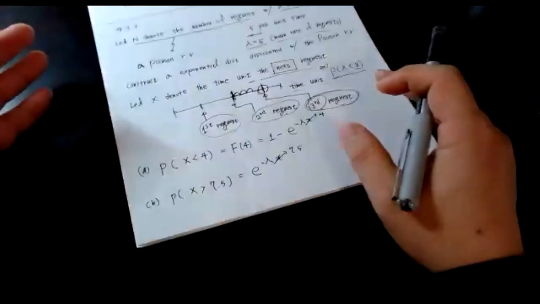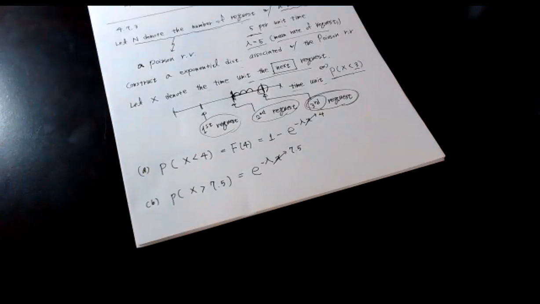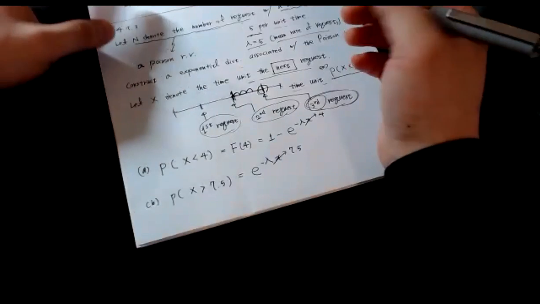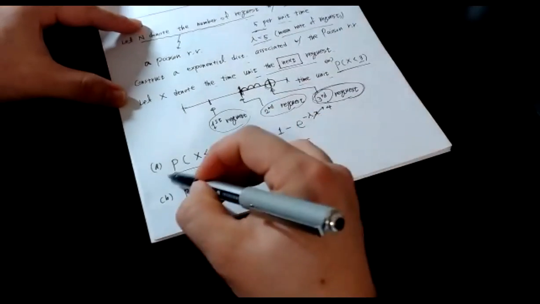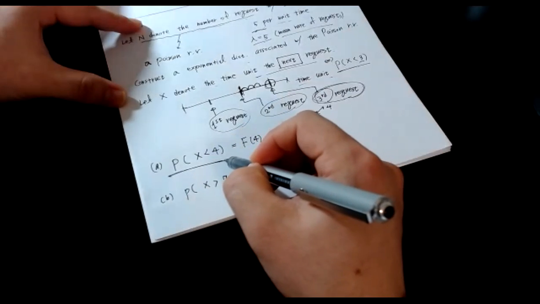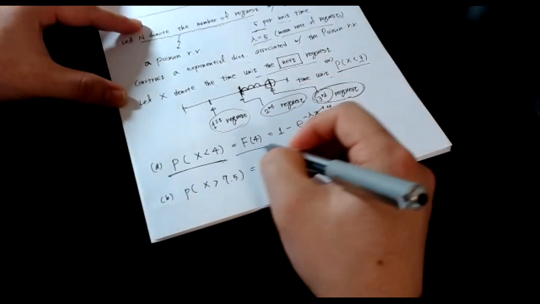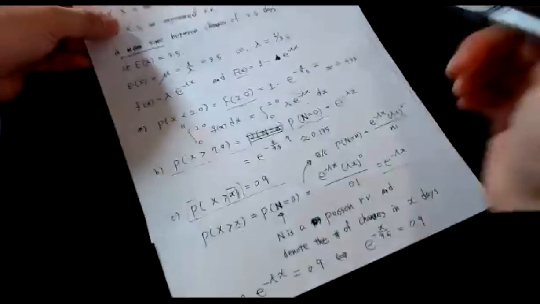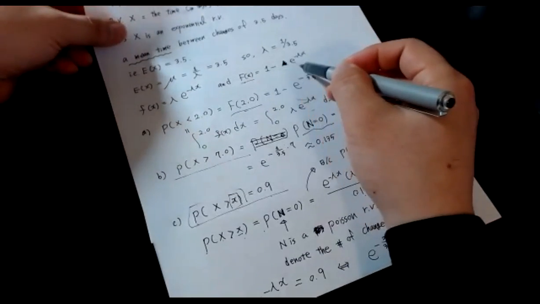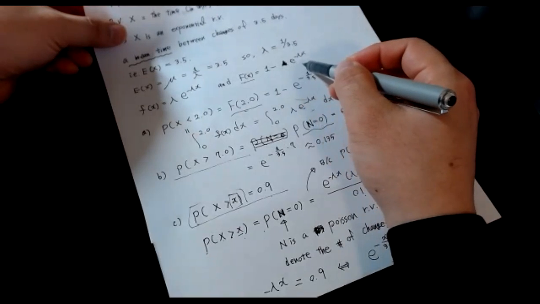Now, back to question A. What is the probability that the time until the first request is less than 4 time units? That's what we figured out here. This is nothing but the CDF. What is the CDF of the exponential distribution? It is 1 minus e to the negative lambda x.